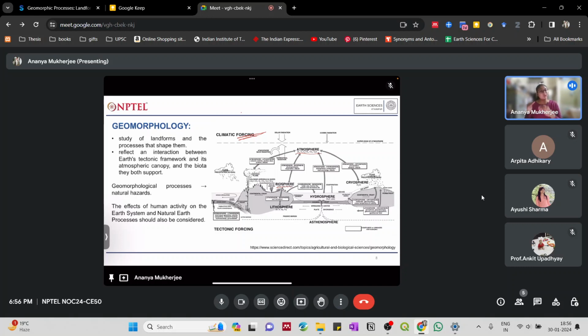So climate forcing has increased its influence on these geomorphic processes. The stable relation that usually used to occur beforehand is now not that stable. So these are all influencing the geomorphic processes that we have.